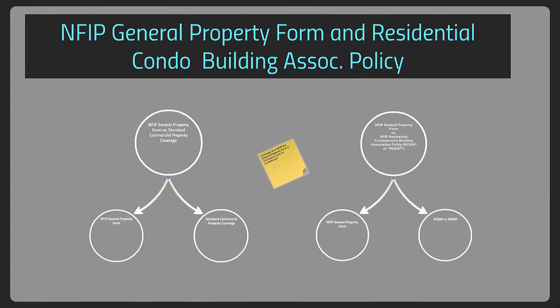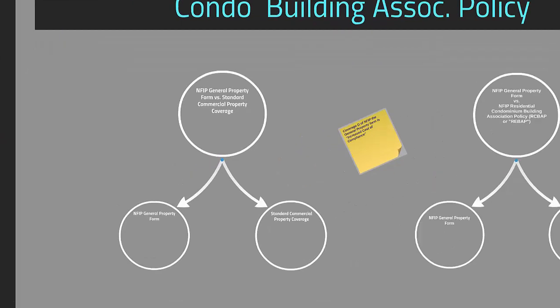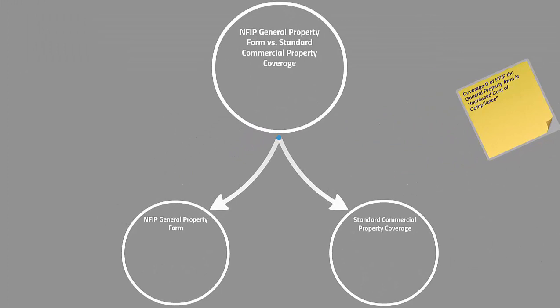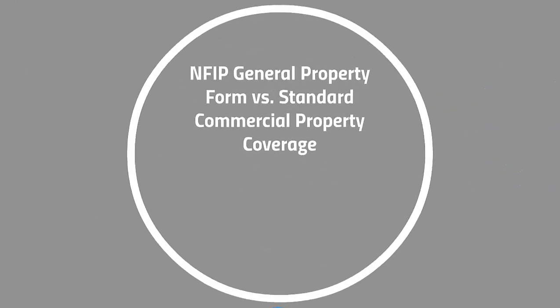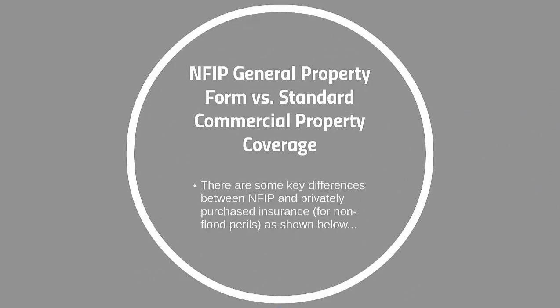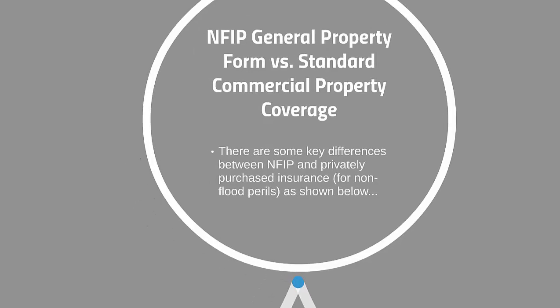Now let's look at the NFIP General Property Form and the Residential Condo Building Association Policy. First, let's look at a comparison between the NFIP General Property Form versus standard commercial property coverage. There are some key differences between the NFIP and privately purchased insurance for non-flood perils, as shown below.